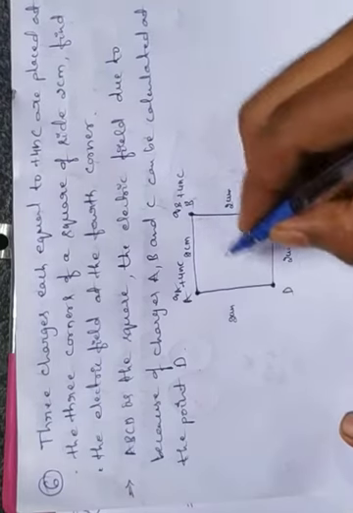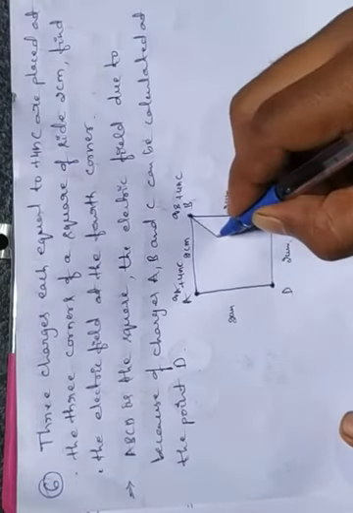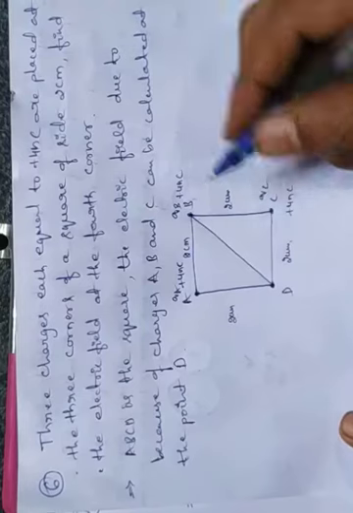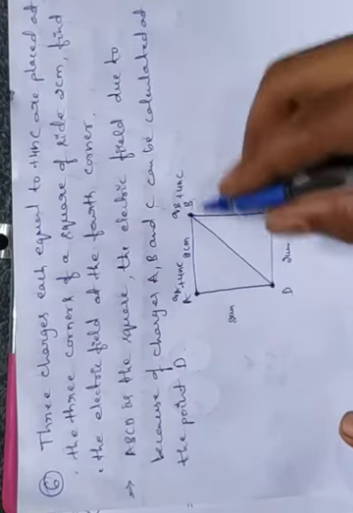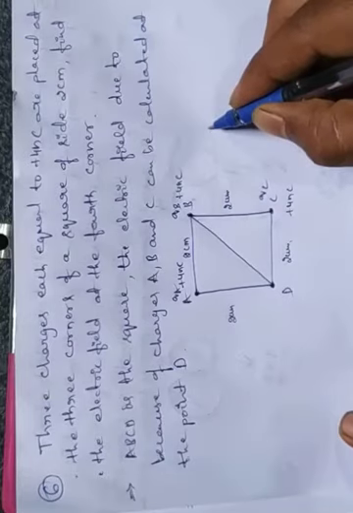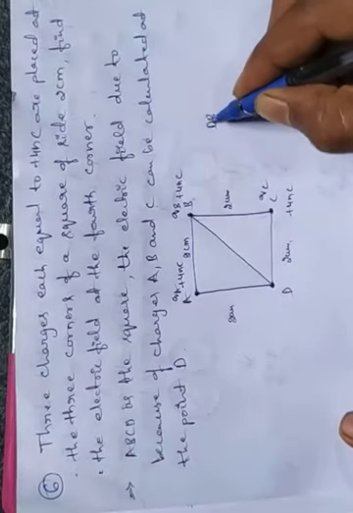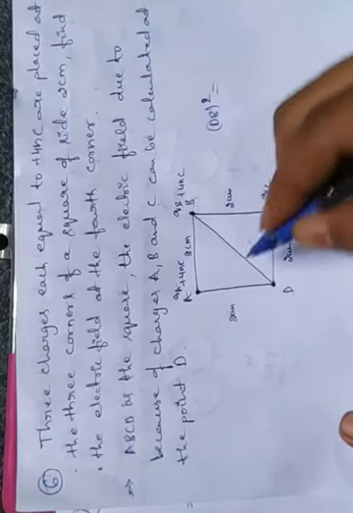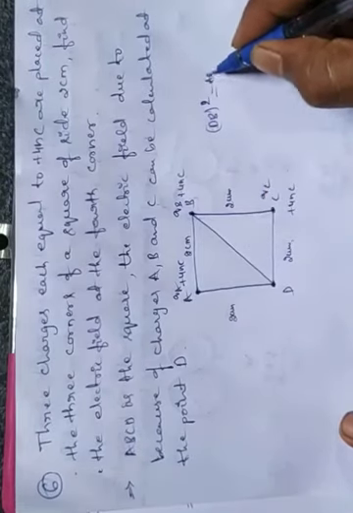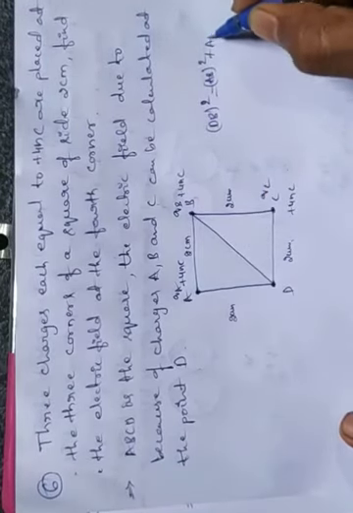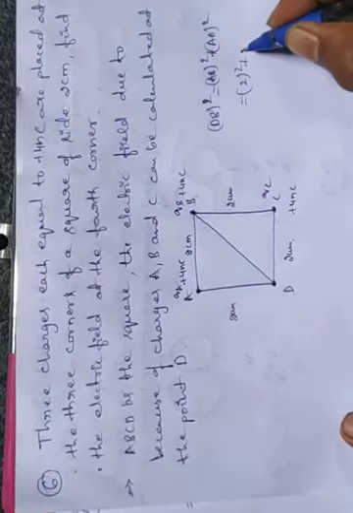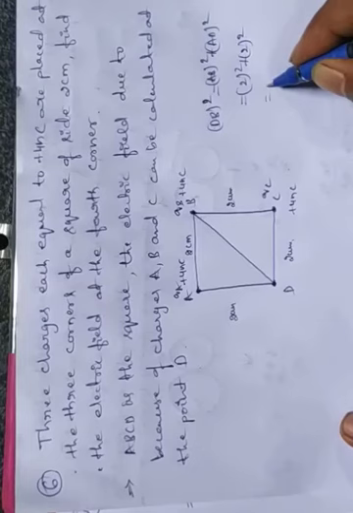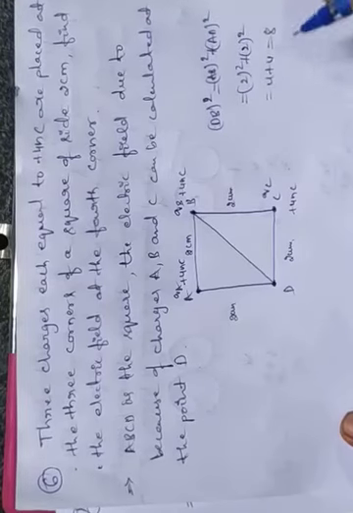And we can find out the diagonal. What is the diagonal here? Okay, so this is the diagonal. How much is it? We can find it using the Pythagoras theorem. So we can write DB square is equal to AB square plus AD square. So AB is 2, so 2 square plus 2 square is equal to 4 plus 4 is equal to 8.